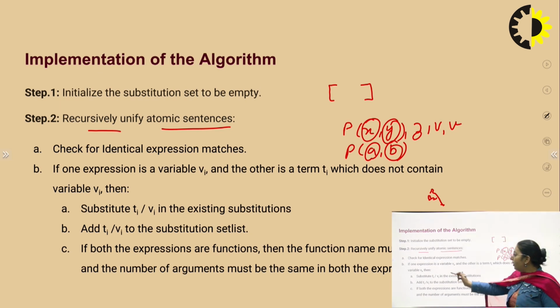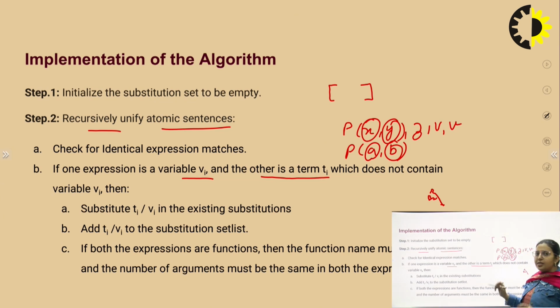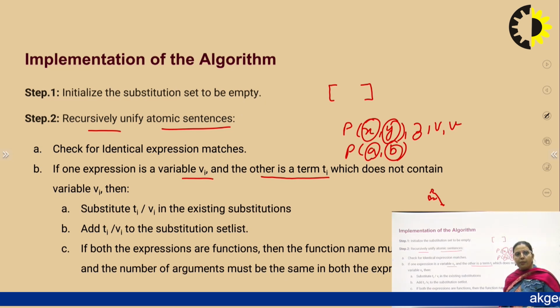If one expression is a variable, the other should be a term that does not contain that variable. The expression that has the variable has to be replaced with that term.